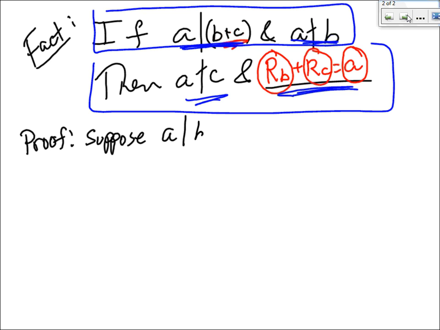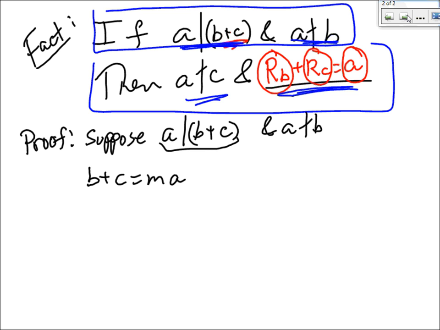Suppose A divides B plus C and A does not divide B. So this statement means that B plus C is a multiple of A. And this statement means that B is a multiple of A plus the remainder.